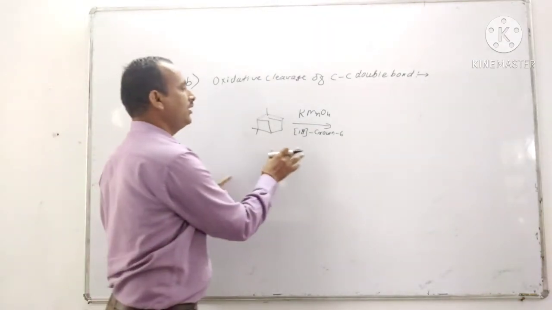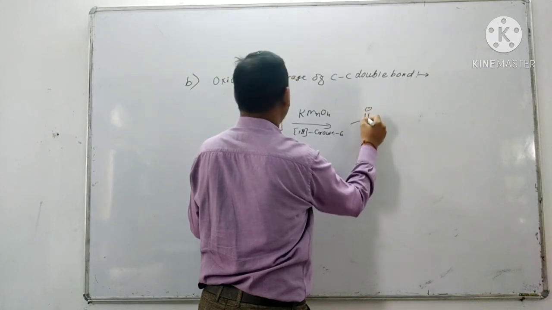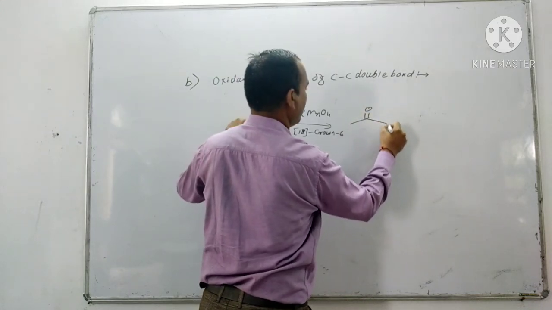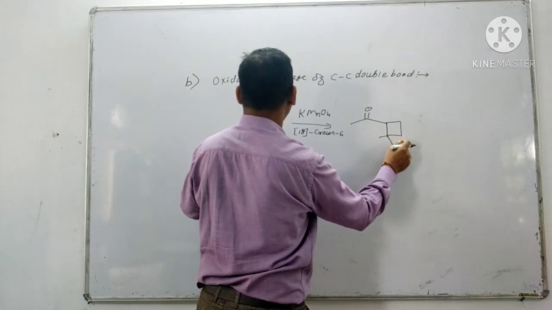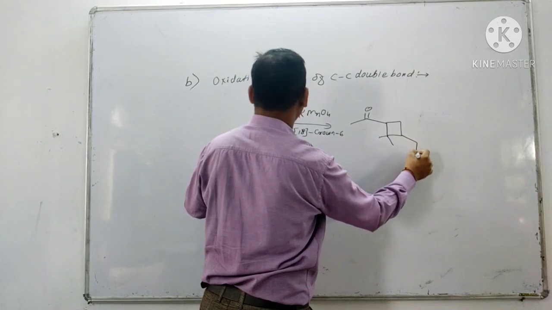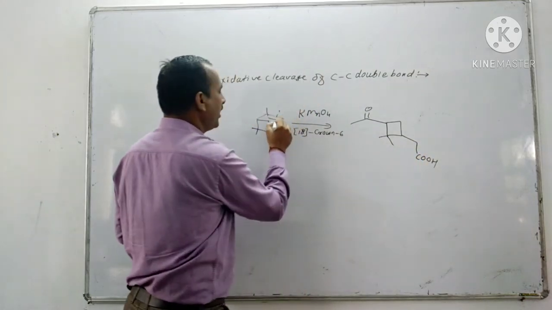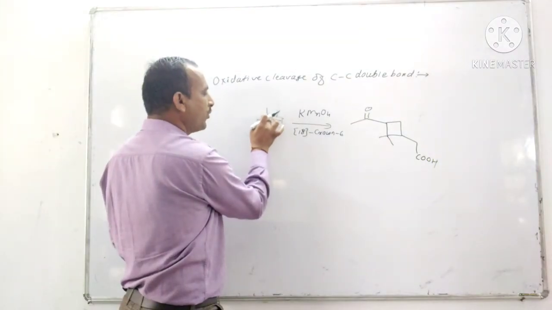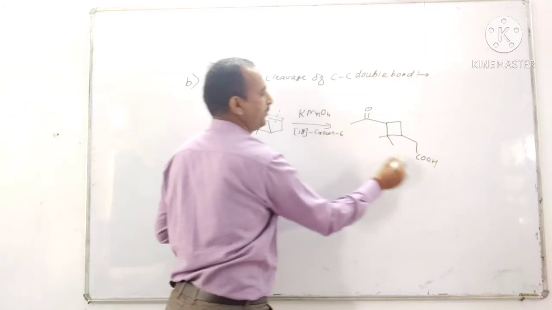In presence of this ether, there is cleavage of this bond to form the carbonyl compound here, and there is COOH formation at this place.